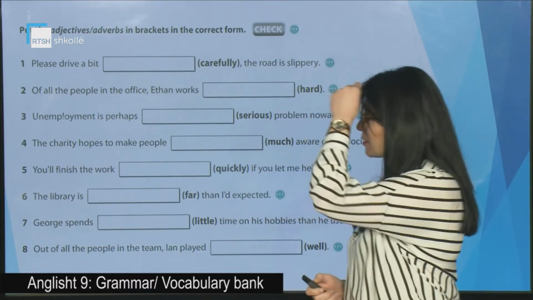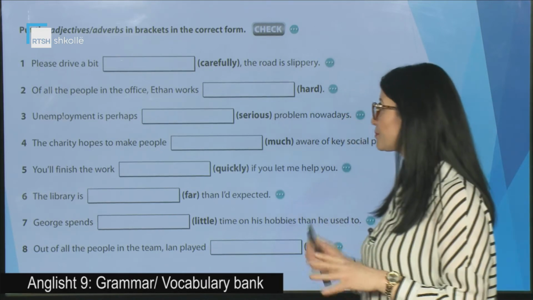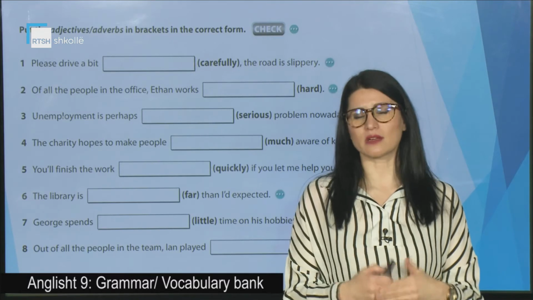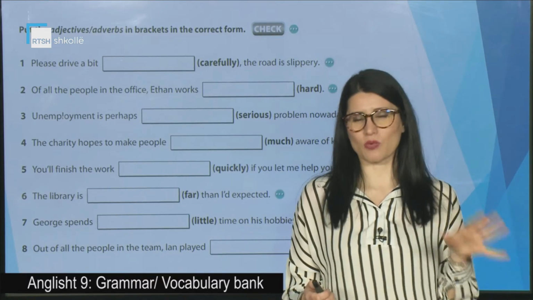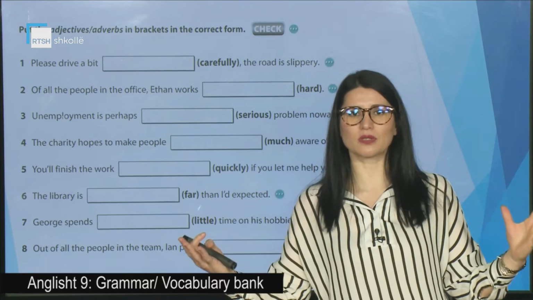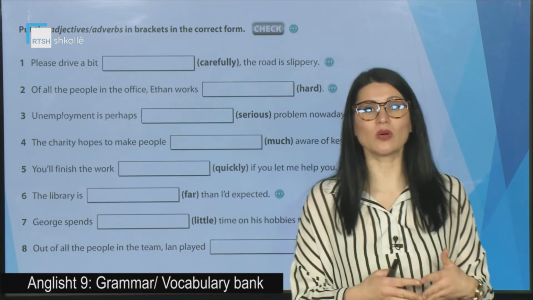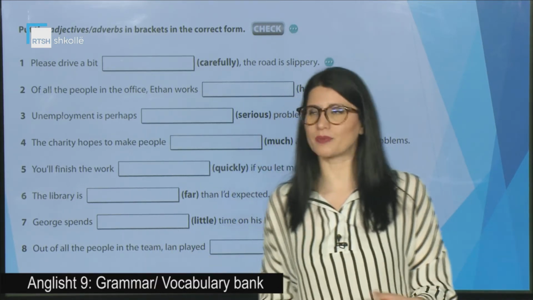Let's go on with another exercise, again related to adjectives and adverbs. We are going to use the adjectives in brackets in their correct form. Be careful, when we use a comparative form, we compare one thing or one person to another person or thing, while we use the superlative degree when we compare one thing or person to the rest of the group.